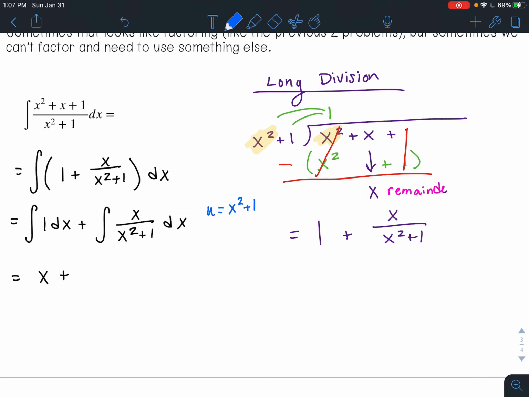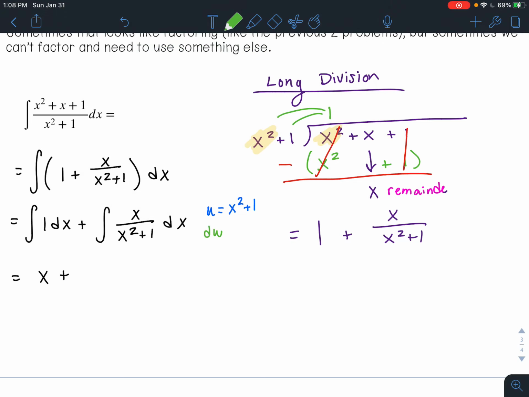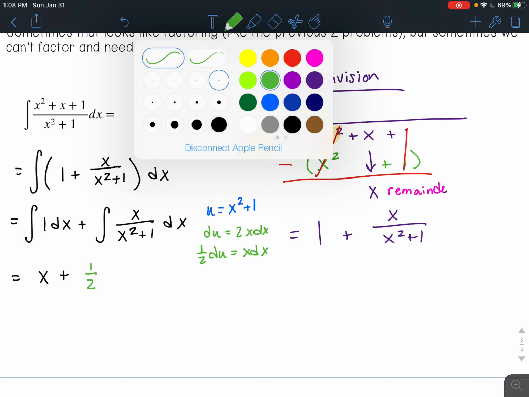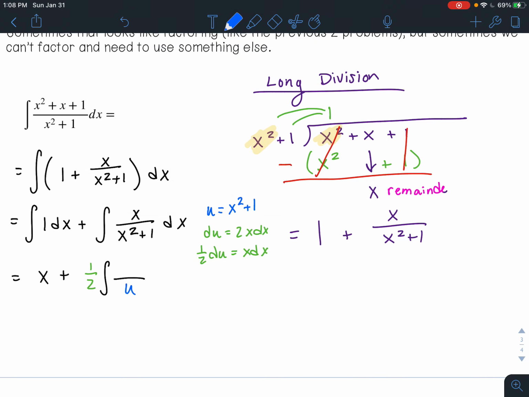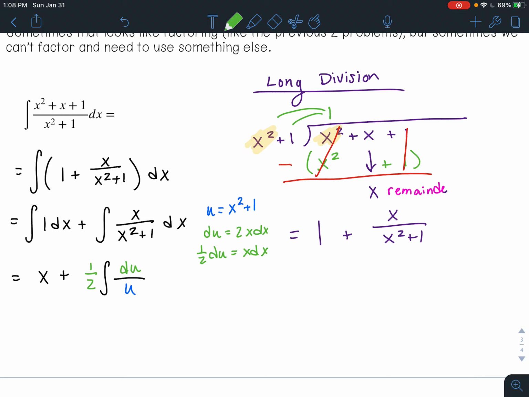Now this second integral becomes a little easier because we can do a u substitution. If we let u be the denominator, our du then becomes 2x dx. If I multiply that by a half, I get the x dx that's left in my numerator. So this becomes 1/2 the integral of, with u in the denominator and x dx replaced with du, du over u.